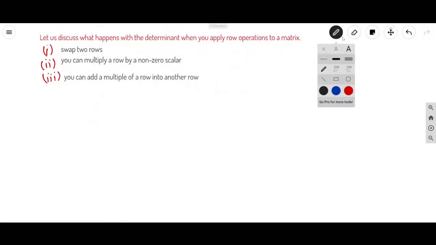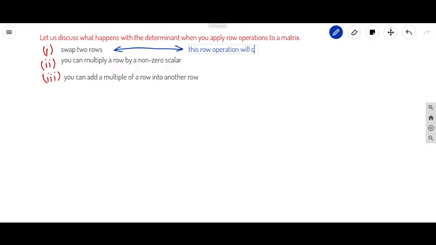And here are the facts that we need to know. Let's talk about the effect of this. When you swap two rows, this actually has an effect on the determinant. This row operation will change the sign of the determinant by -1. If you have a matrix and you take two rows of that matrix, or by the way, two columns as well, if it works for rows, it also works for columns.